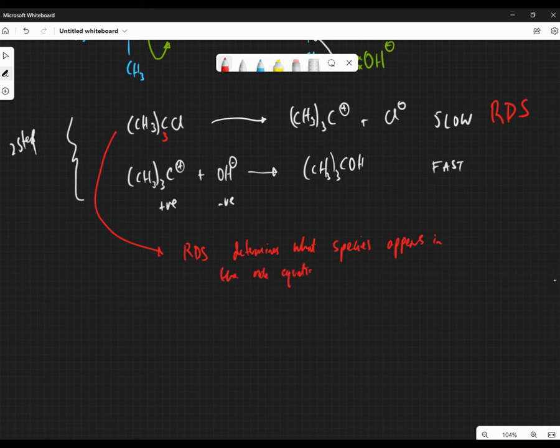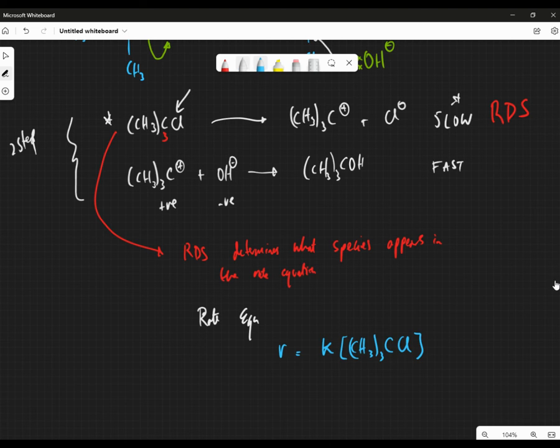Okay, there you go. So let's have a look. Well, this is the rate determining step, this one, and there's only one thing in there. So in this case, the rate equation will be this, won't it? R will be equal to the rate constant times CH3 3 times, CCl, and that's it.